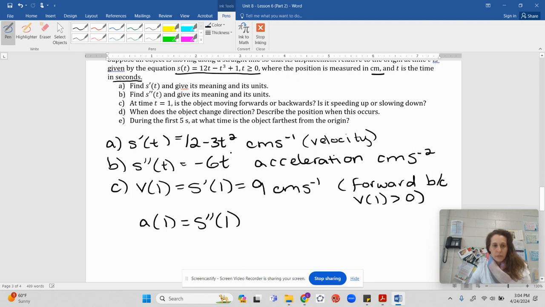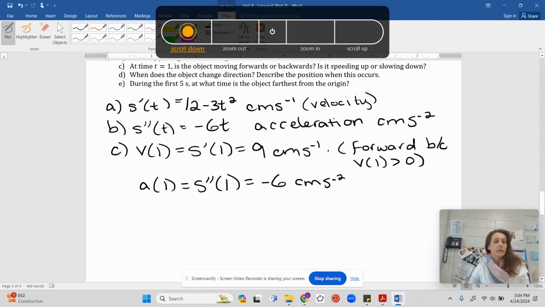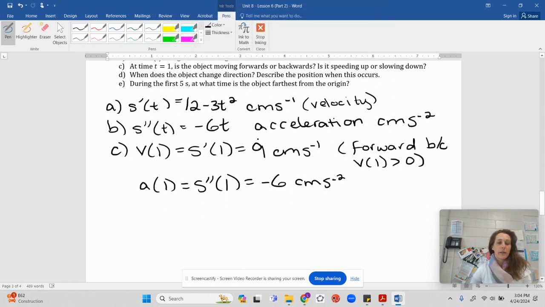If I substitute into part B, that gives me negative 6 centimeters per second squared. So even though it's moving to the right, or forward, the acceleration is negative, and so it is slowing down. Those two signs are opposite. The acceleration and the velocity at 1 second are opposite, and that's what indicates to us that the object is slowing down.